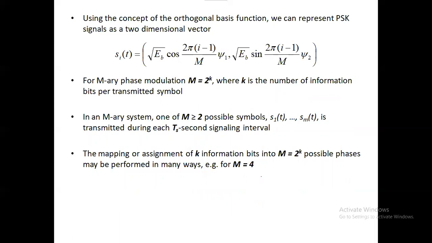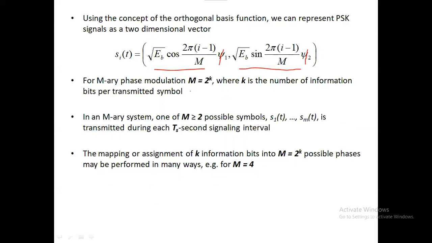So here we are using the concept of orthogonal basis functions, because for orthogonal basis functions, you know that the correlation between these two basis functions is 0. That's why we choose the projection of the signal over the first basis function and the projection of the signal on the second basis function.